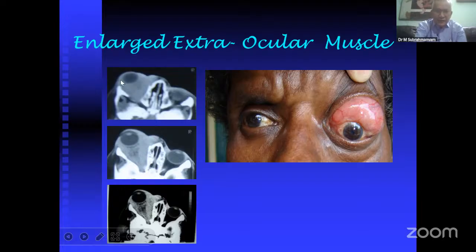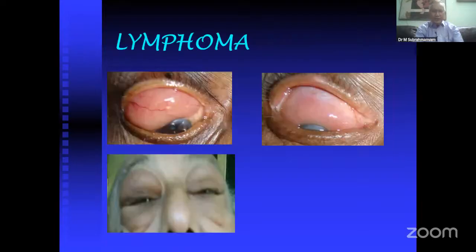You can see that the mass is surrounding the globe without distorting its shape in all the three sections that we have seen. And there's a grossly enlarged medial rectus, extending all through as a pinkish mass. So this is a lymphoma. A biopsy will confirm the diagnosis and the patient can be referred to an oncologist for further management.